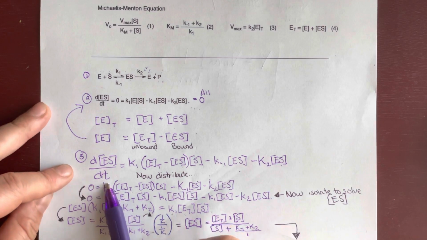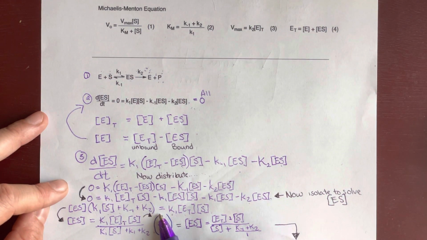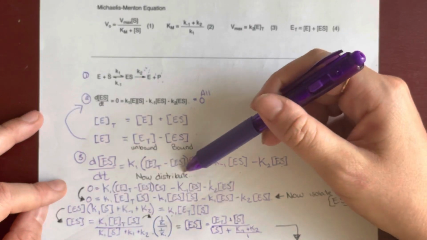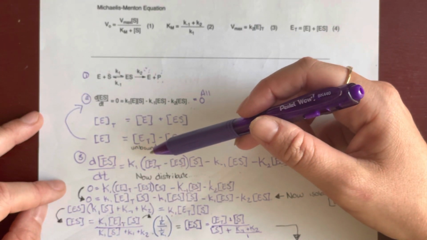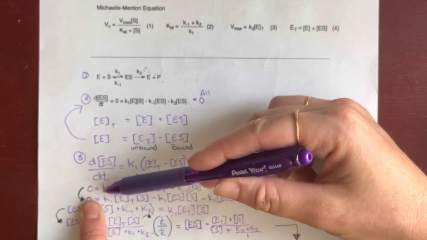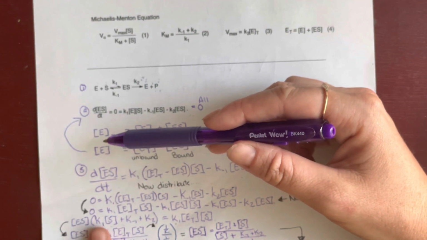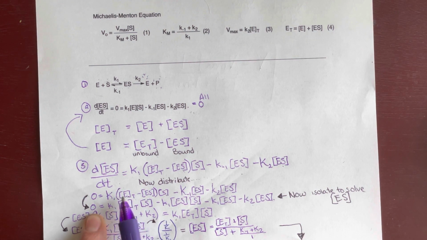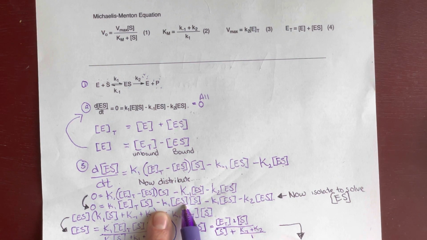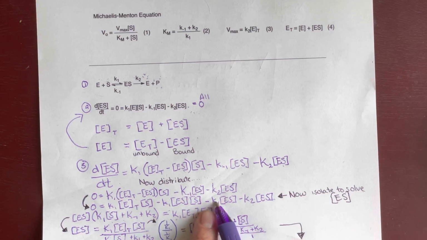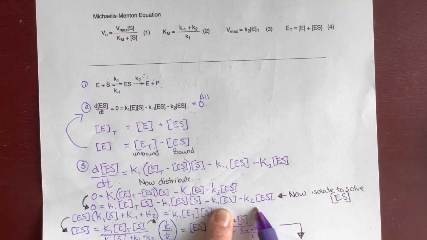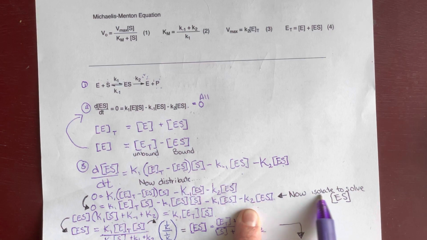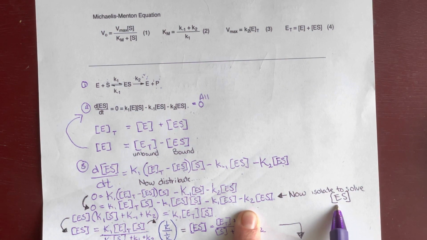So what we want to do is distribute ES and get 0 on that one side, and that continues as we distribute out K1 times ET times S minus K1 ES times S minus K negative 1 times ES minus K2 times ES. We still need to isolate to solve for ES here.